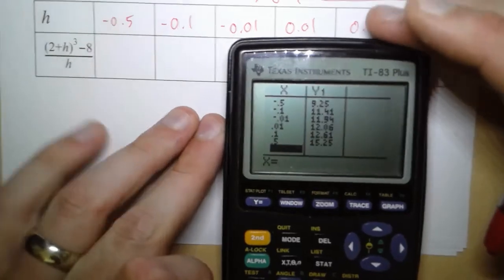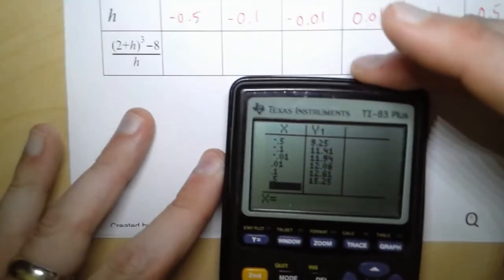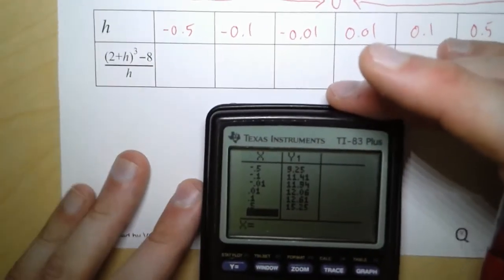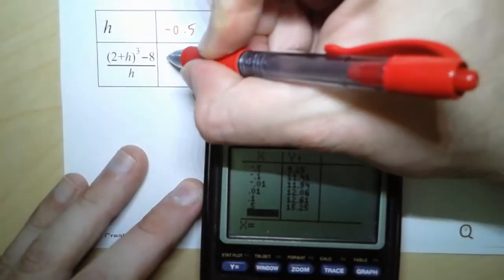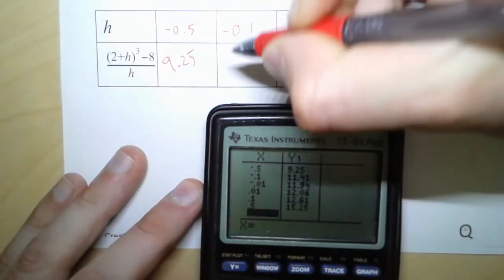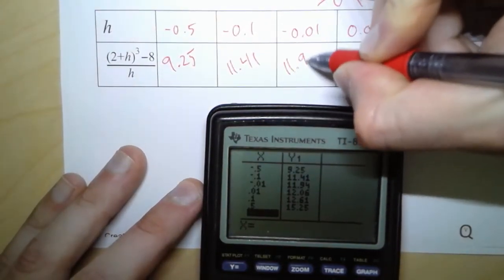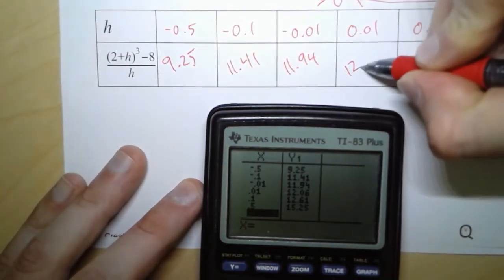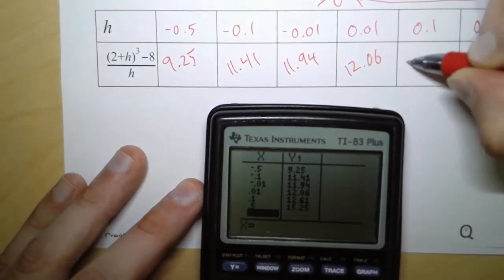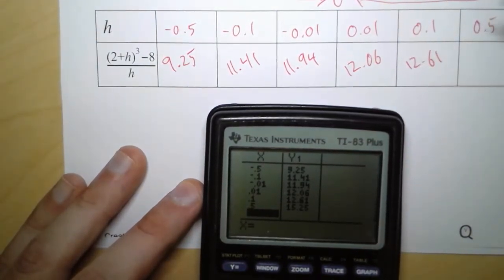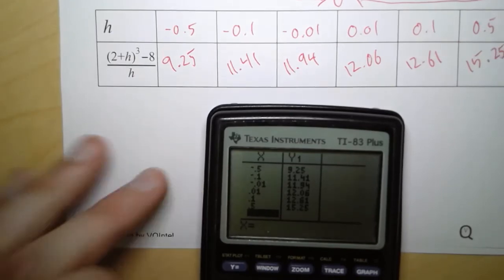All right. So looking at this, we have 9.25, 11.41, 11.94, 12.06, 12.61, and 15.25.